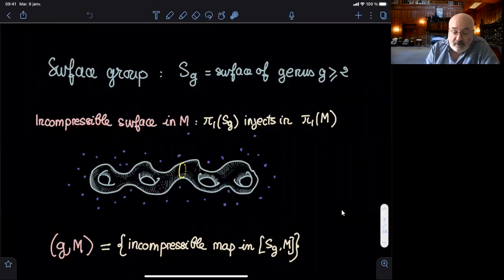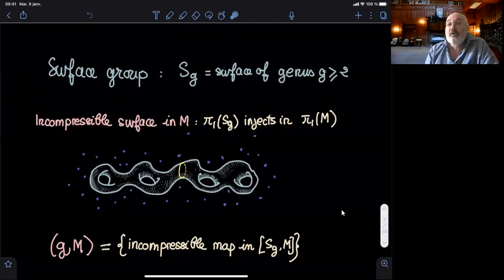So let's consider our favorite surface, a surface S_g of genus g. It's closed, connected, oriented, and the genus is greater than 2. In other words, your surface is topologically a compact quotient of the hyperbolic space.